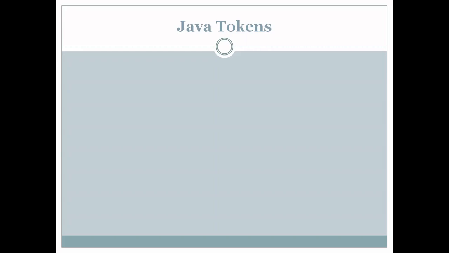Okay, Java tokens. Tokens are smallest individual units in a program. A Java program is a collection of tokens, comments, and white spaces. Java includes 5 different types of tokens.